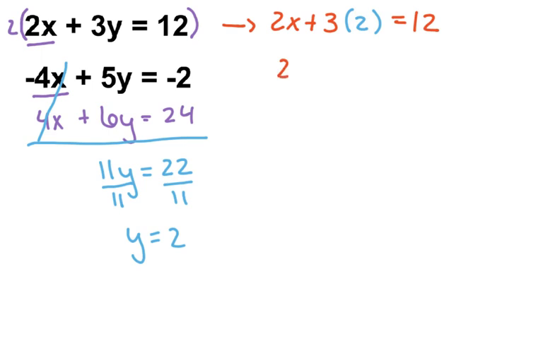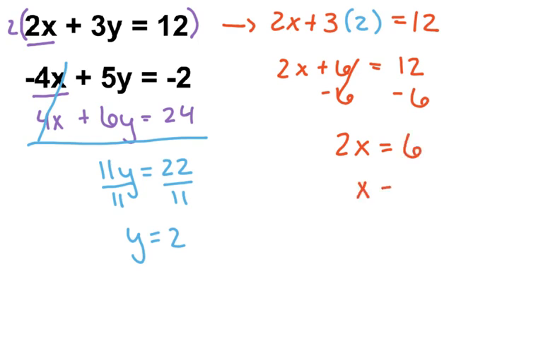So I'm going to get 2x plus 6 equals 12. Subtract 6 on both sides. 2x equals 6, so x is going to be 3.